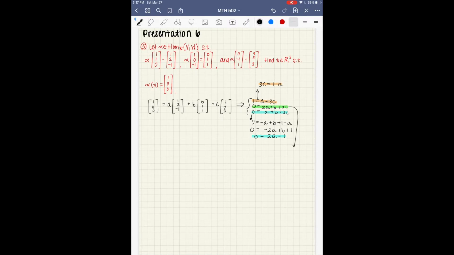So I got 0 equals 2a plus 2a minus 1 plus 1 minus a. So 2a plus 2a minus a gave me 3a. And then the negative 1 and 1 cancel each other out, so I got a is equal to 0.